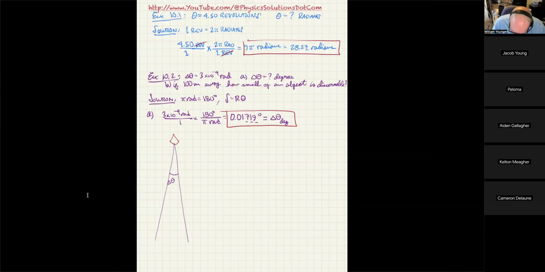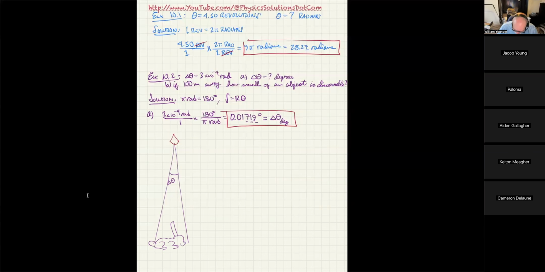And if the angle delta theta is 3 times 10 to the negative fourth radians or smaller, then it can tell the back end and the front end of this animal. So maybe this is a cute little bunny rabbit that the bird is getting ready to meet and have a good day with.